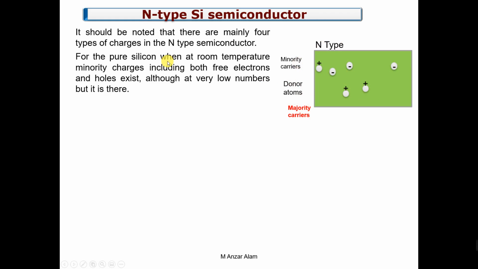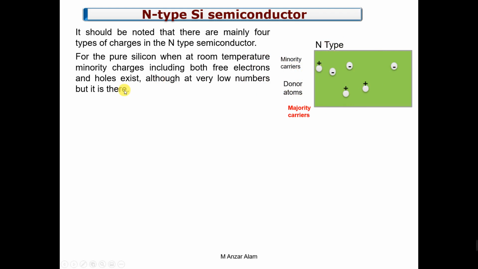And for pure silicon at room temperature, minority charges including both free electrons and holes exist. These charges exist, although in very low numbers, but they are there. These are in very low number.